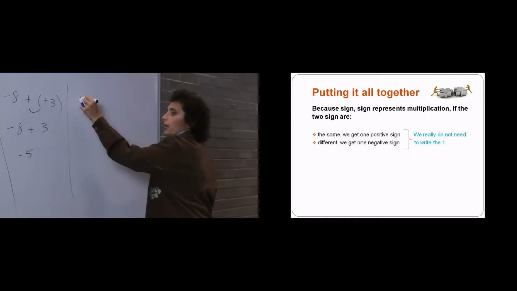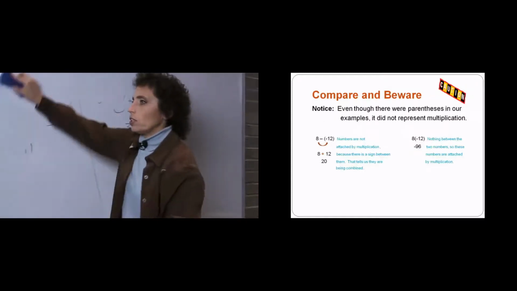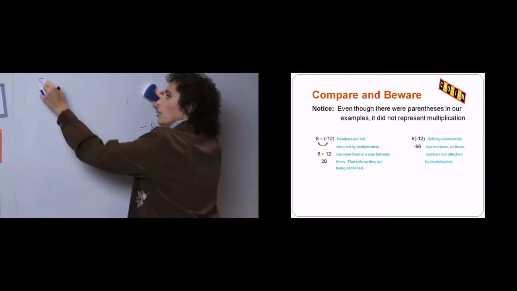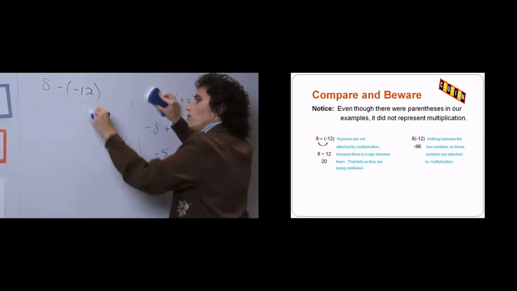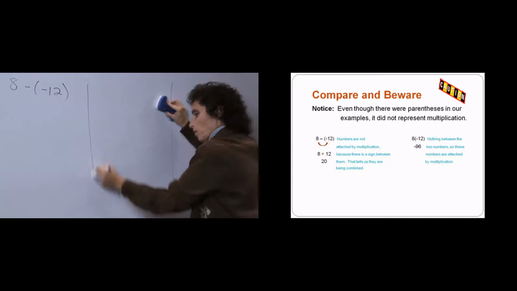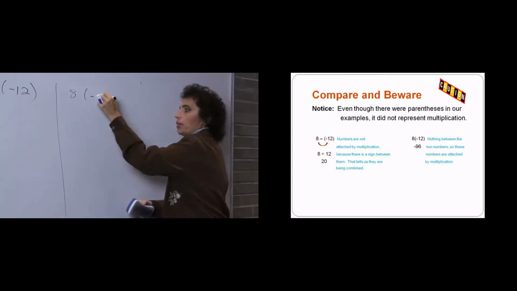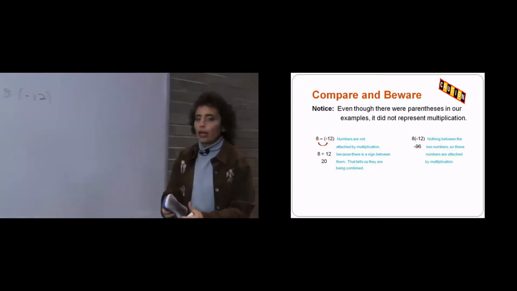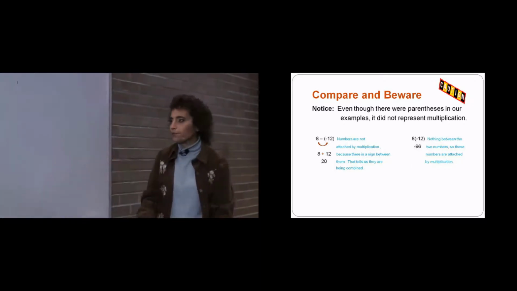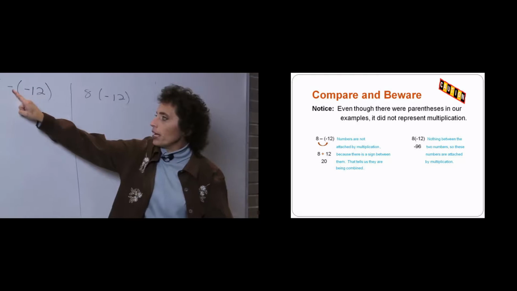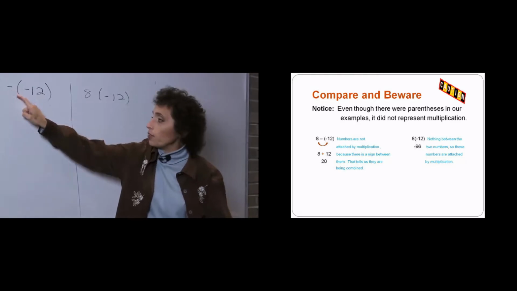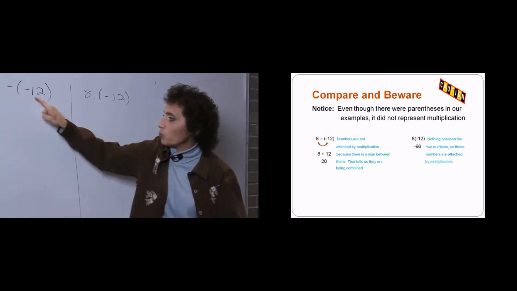Let's start here and look at these two together. 8 minus a minus 12. You need to see the difference to make sure you understand this. And 8 times negative 12. Okay, we have to know if these are the same or different. Notice here this negative is outside the parentheses. So this is not attached to this by multiplication.